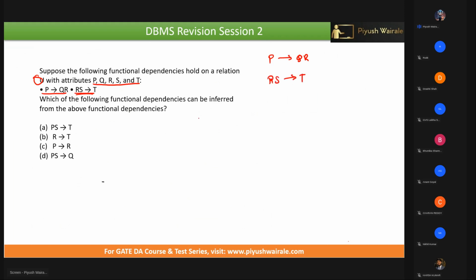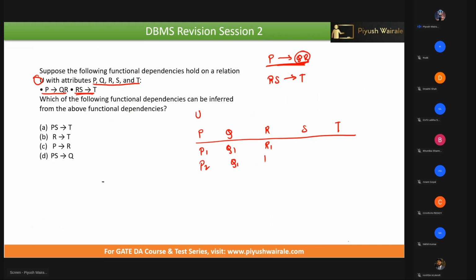So here we have a relation U with attributes P, Q, R, S, T, right? So P determines QR means what? Here we have a combination QR, right? So if the value of P is P1 and the value of Q is 1 and the value of R is also 1 here, then P2 can take Q1, but the combination on the right hand side, Q1 R1, that is fine.